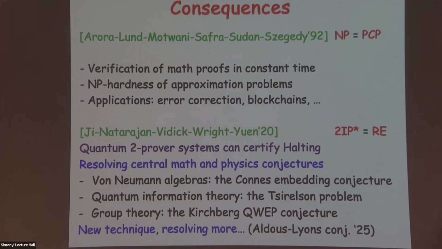Some of you know it's a new proof technique in mathematics that has such consequences, and you can start playing with it. And as Michael Chapman here and his colleagues did, for example, refuting last year the Aldous-Lyons conjecture, which I don't know, you can say it's in probability or in group theory.